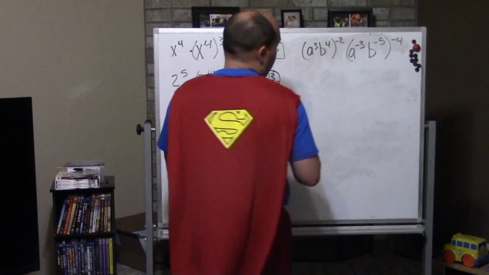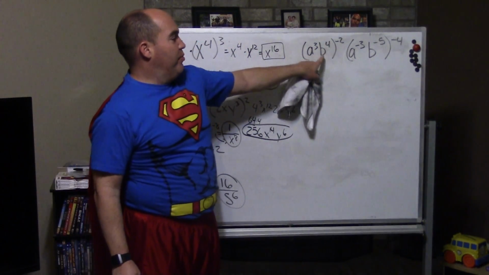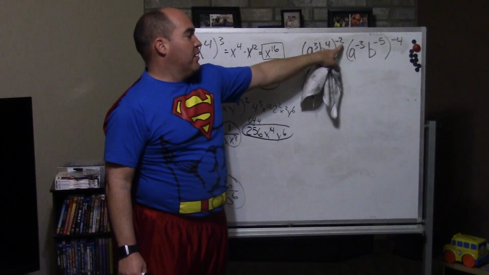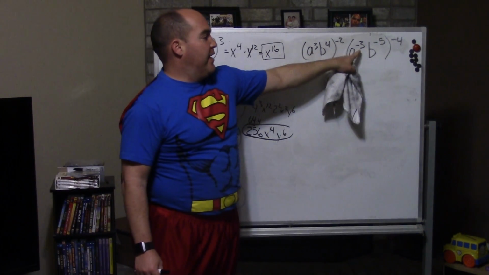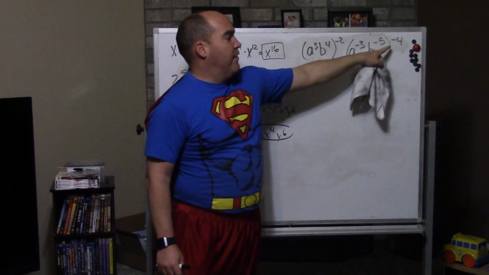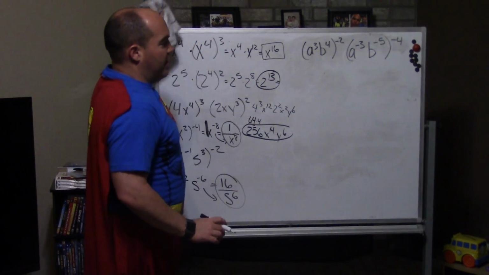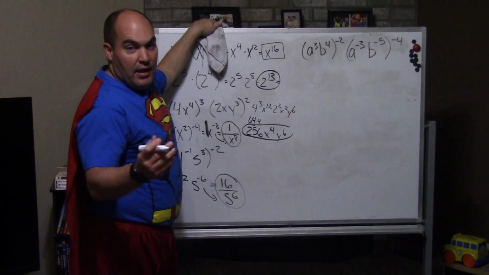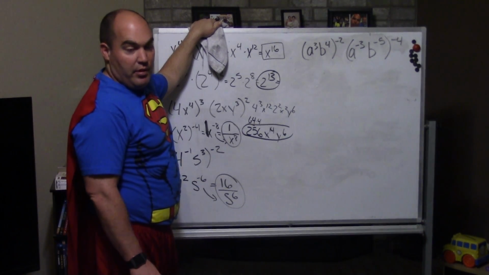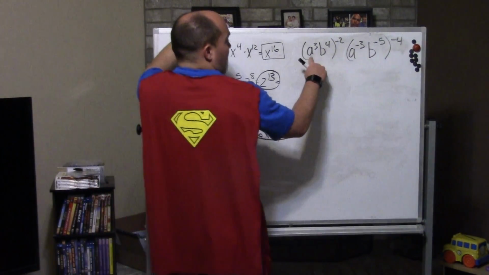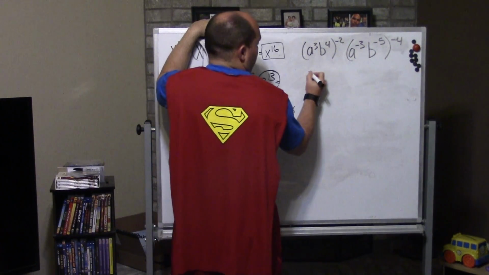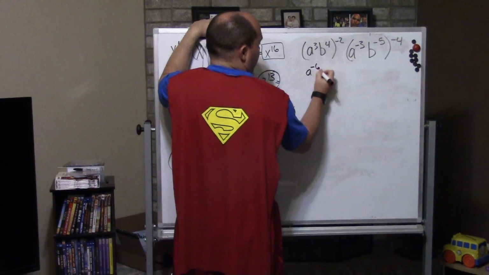We've got a cubed b to the 4th all to the negative 2. And then we've got a to the negative 3, b to the negative 5, all to the negative 4. Alright? So we're just going to go step by step. We're just going to work it out. We'll try and use our rules along the way here. So a cubed to the negative 2 is going to be a to the negative 6th.